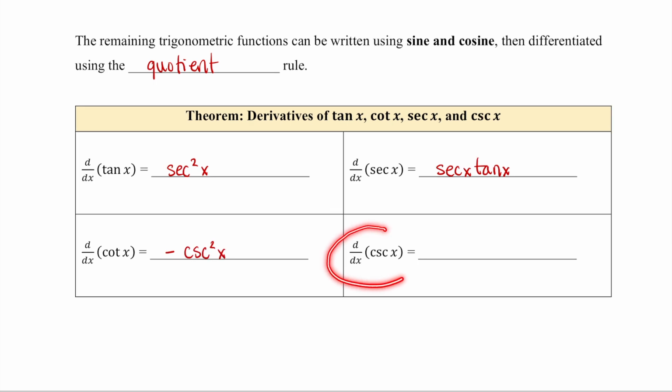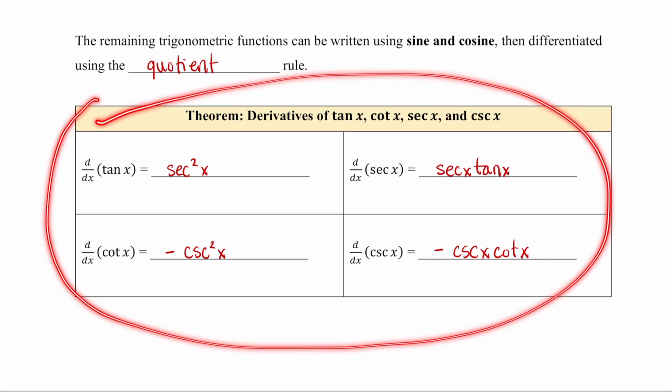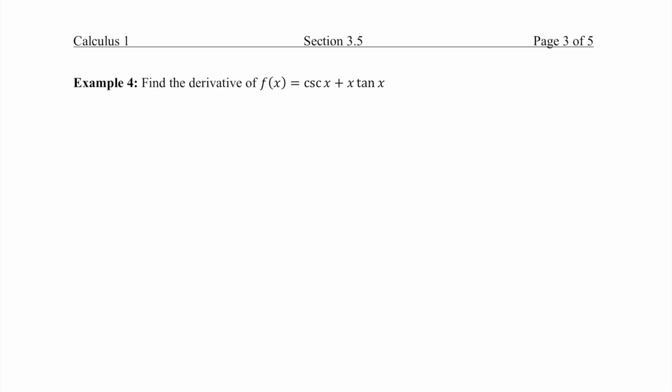And the derivative of cosecant x is negative cosecant x times cotangent x. These formulas are important and come up often in calculus, so it's a good idea to memorize them. In the next examples, we'll start using these derivatives to solve more problems.